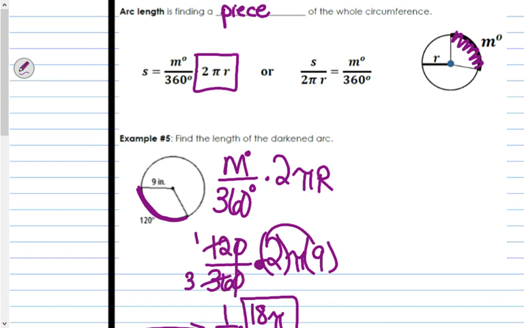So that's exactly what we're doing here. We're taking the circumference, multiplying it by a fraction. What part of the circle are we finding? In this case, we are finding 120 degrees divided by 360 degrees, which is 1/3. We are finding 1/3 of the circumference. So arc length is finding part of the circumference. So you're dividing the circumference by something.